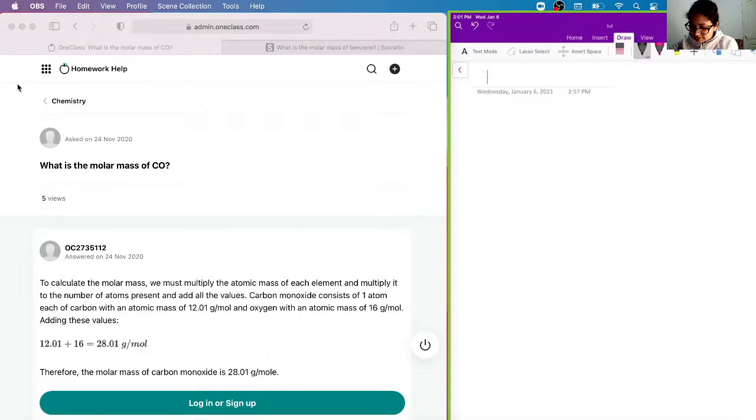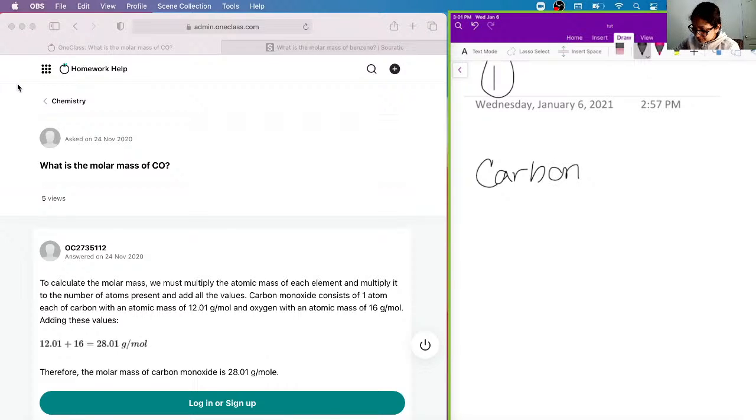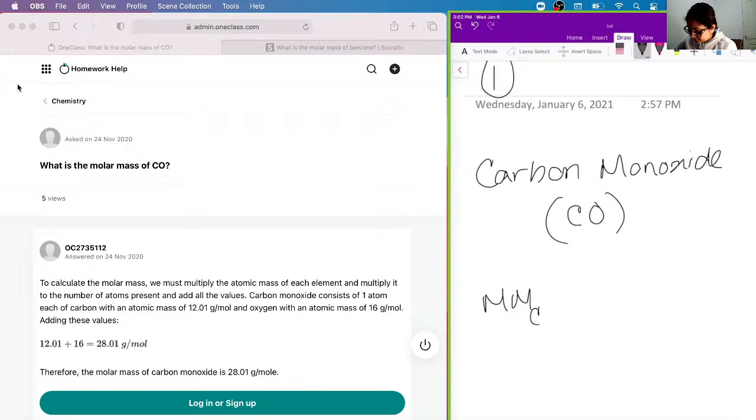So the first question for today says, what is the molar mass of carbon monoxide? The chemical formula for carbon monoxide is CO. And so we're trying to find out the molar mass of carbon monoxide.